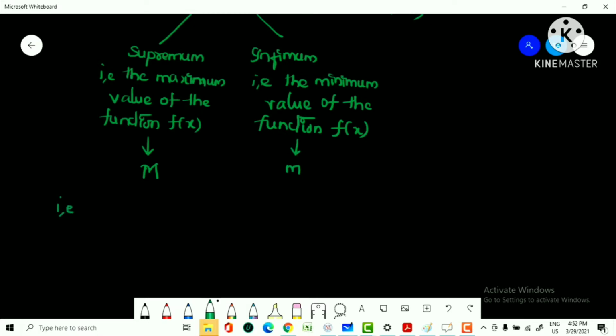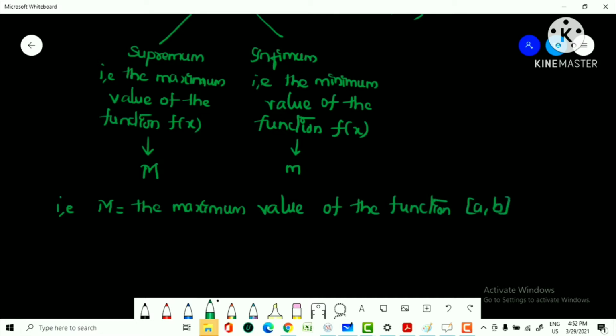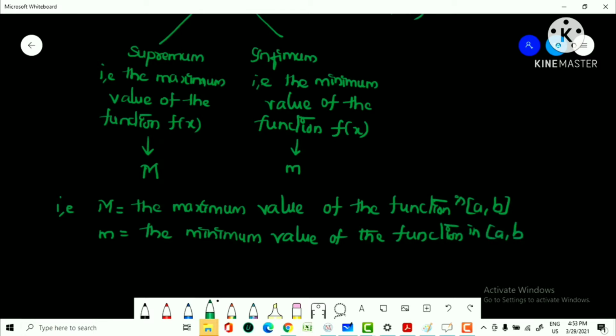That is, capital M is equal to the maximum value of the function in the closed interval a comma b, and small m is the minimum value of the function in the closed interval a comma b.